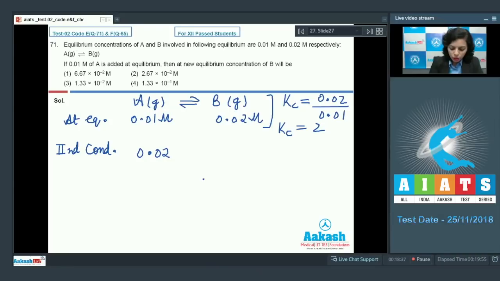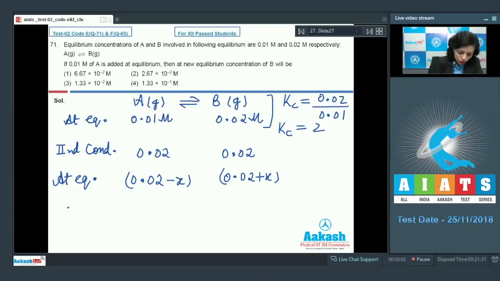Its amount is initially 0.02, but let's assume some more amount of B is formed. At equilibrium the amount of B is 0.02 plus X. Let's assume that X amount of B is formed at equilibrium, while the amount of A at equilibrium would be 0.02 minus X.